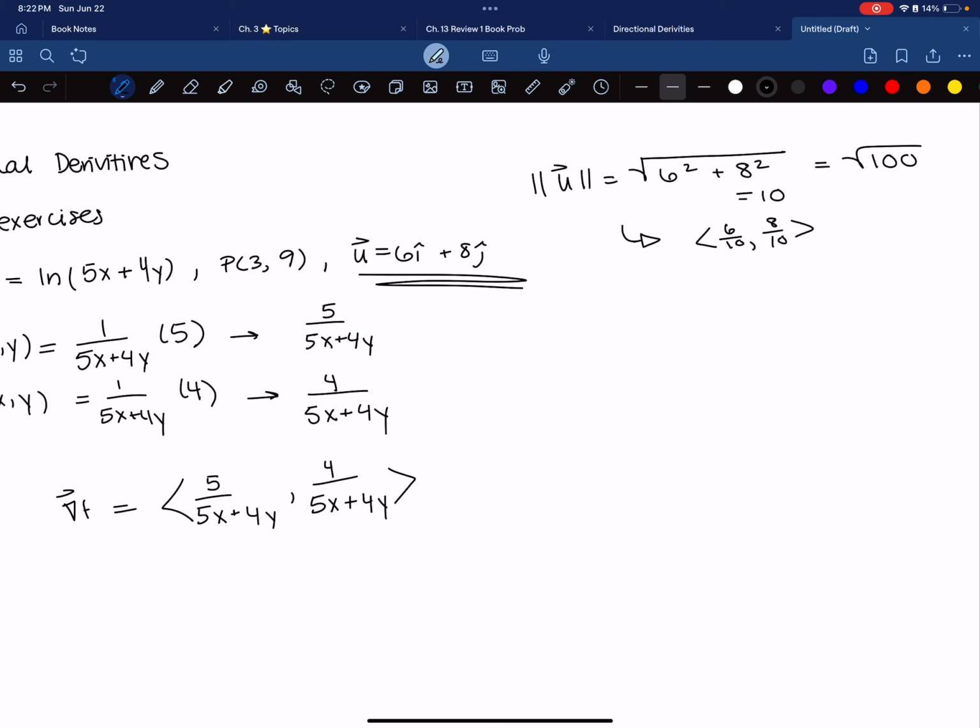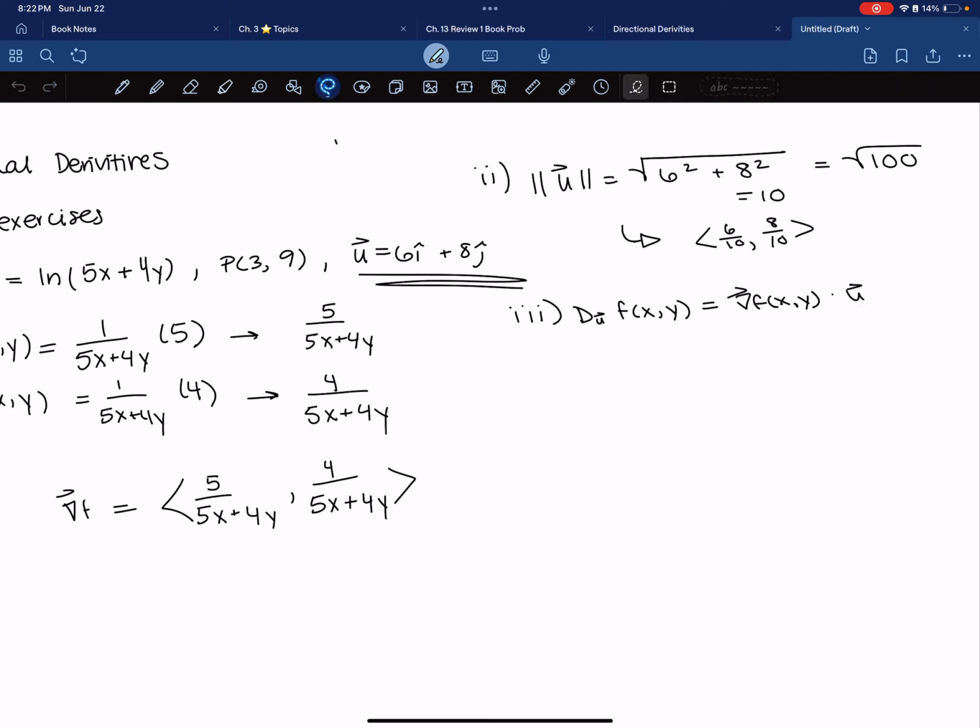And so we're going to use this to compute the directional derivative, which is D sub u f of x, y, equal to the gradient of f of x, y times the unit vector.